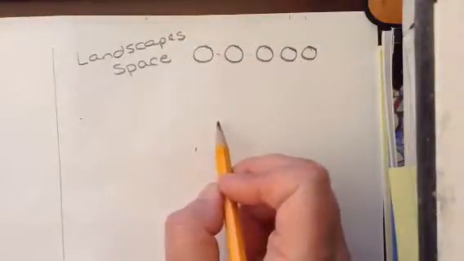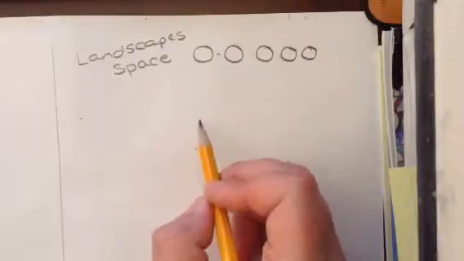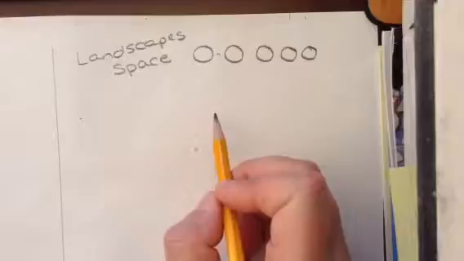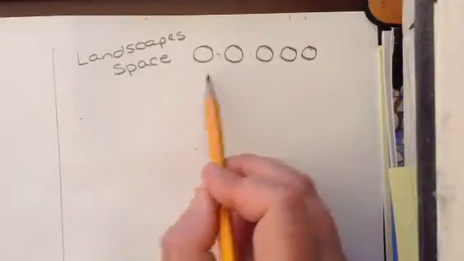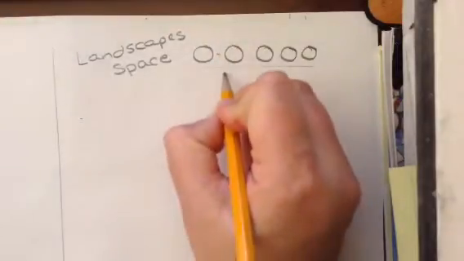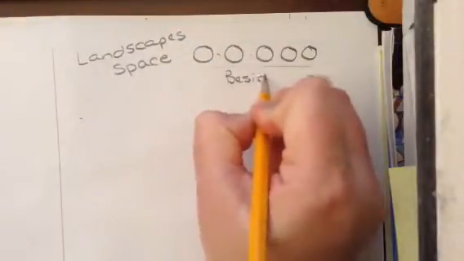And when we're drawing, we have to make it look like one thing is behind something else. So right now, these objects are beside one another.